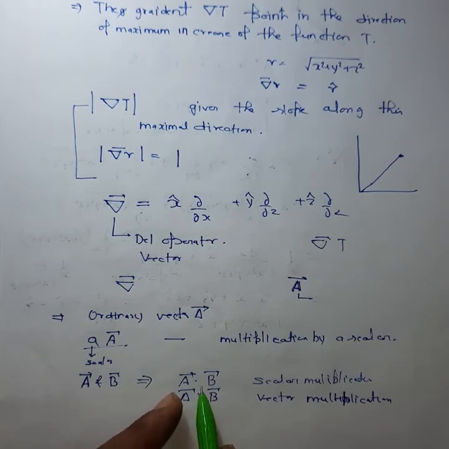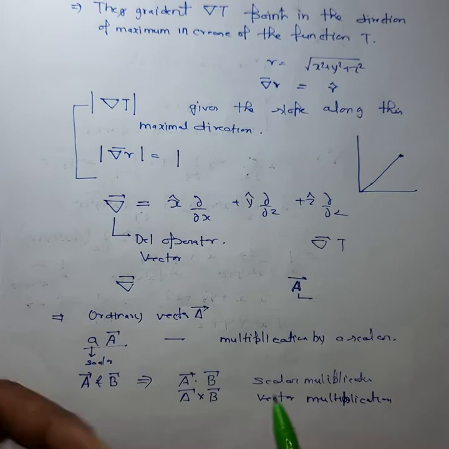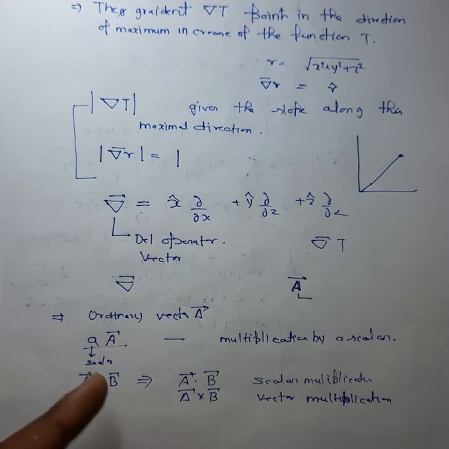First, you can take their dot product. When you take their dot product, you will get a scalar quantity, and therefore this is called scalar multiplication. And you can also take the cross product of two vectors and you will get a vector quantity at the end.